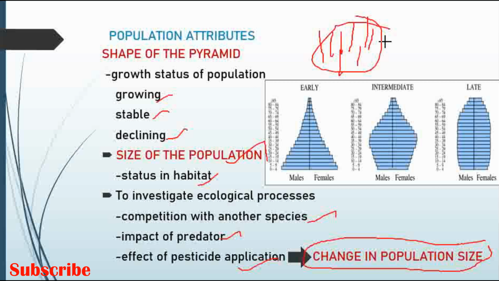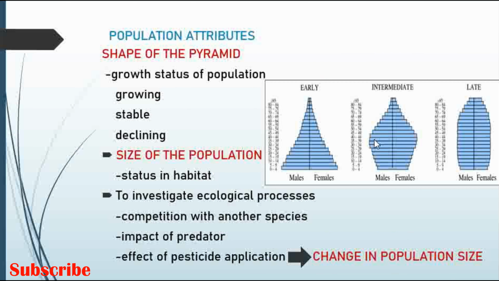If you apply a pesticide inside this population and want to know the effect, by knowing the change in population size you can investigate the action of pesticide, how it affects the population. That's what they are saying.